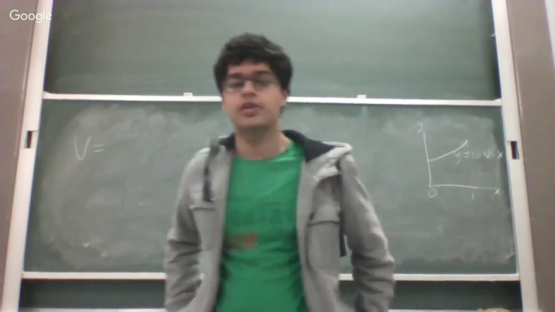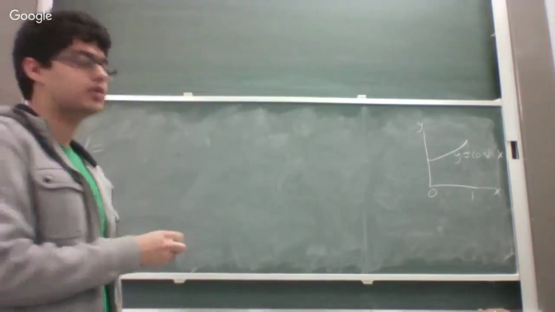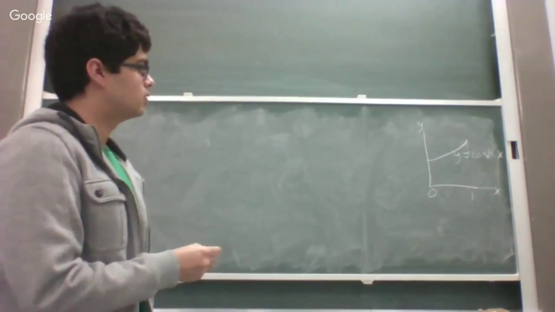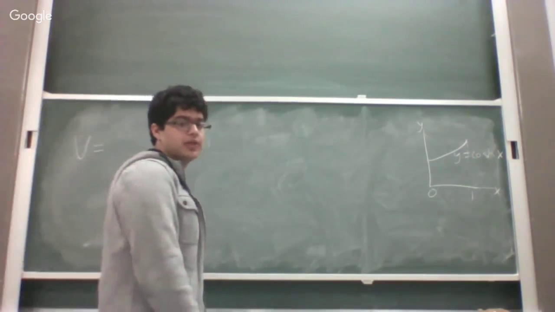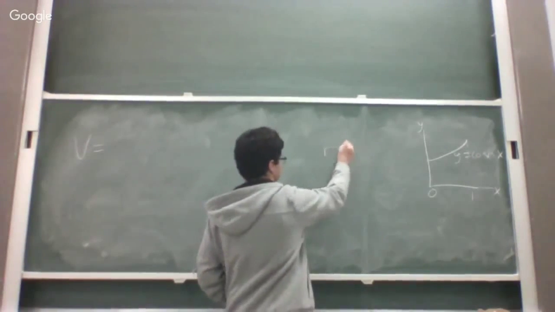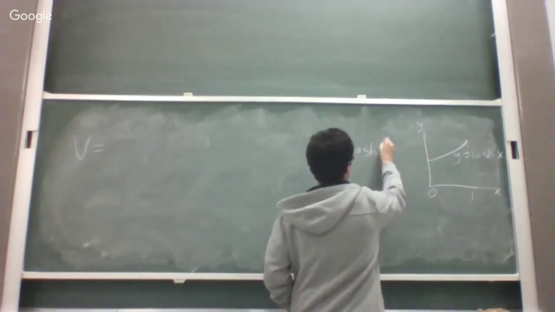You have to find the volume as it rotates about the x-axis. Did they tell you that the radius is equal to cosh of x?